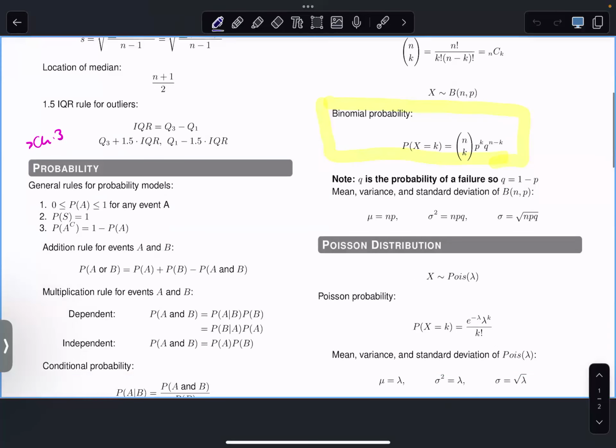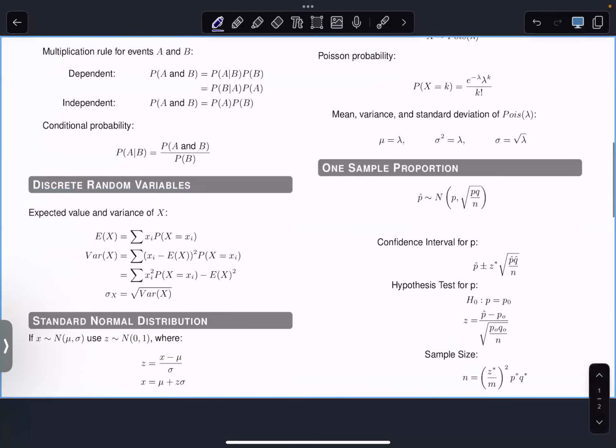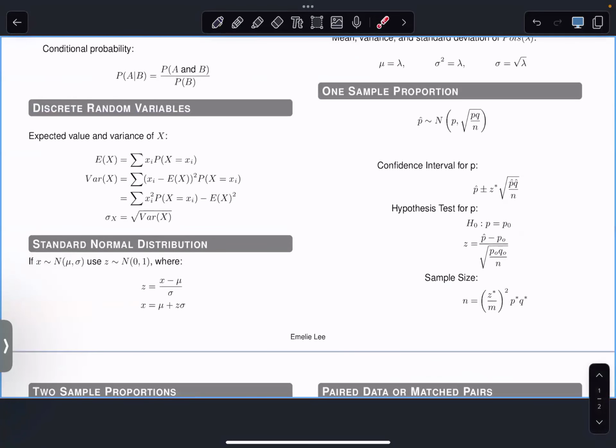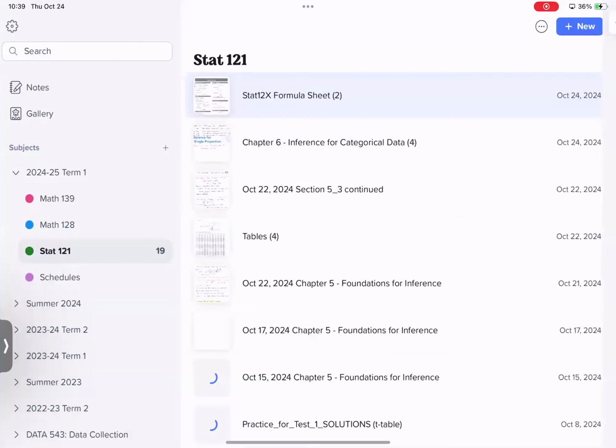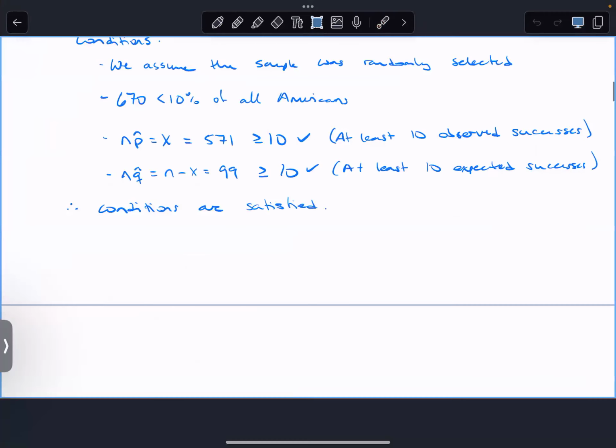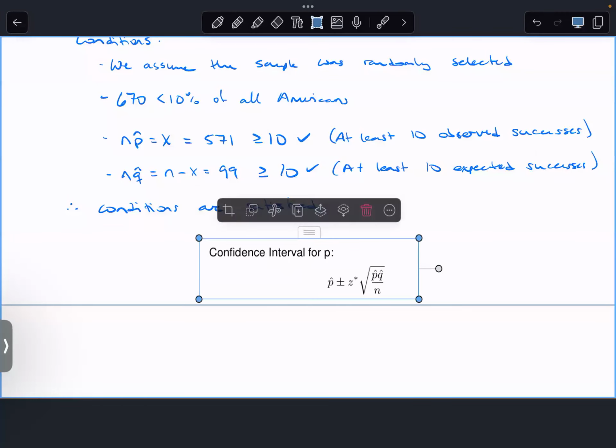Finally. There it is. And there's the sample size calculation. Let me just grab it so you can see what it looks like on there, but it is the same, but it always feels different.